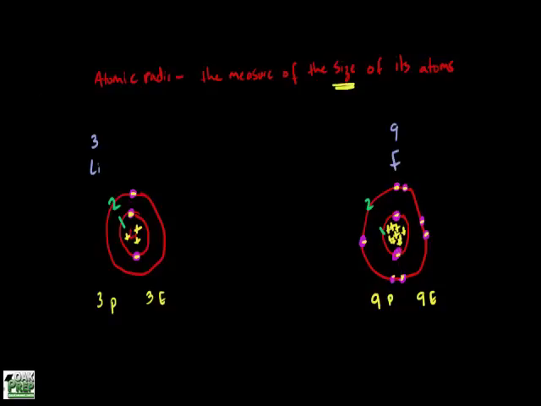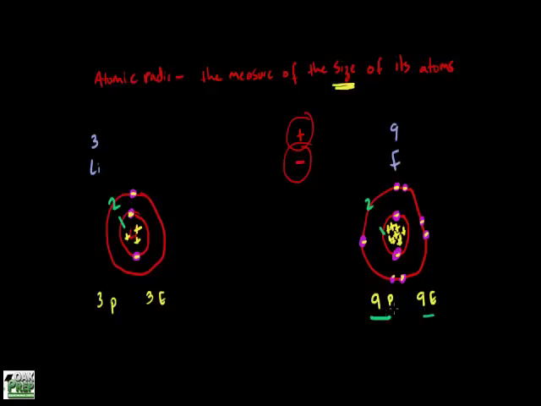So just like the previous video, we said that protons have a positive charge and electrons have a negative charge, they want to attract, right? Because they're opposite signs. So if there are more protons and more electrons, there will be greater charge, right? There will be greater attraction. So looking at our examples over here of fluorine and lithium, we can say that fluorine has more protons and more electrons.